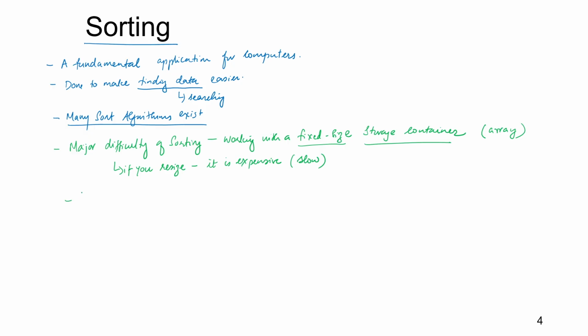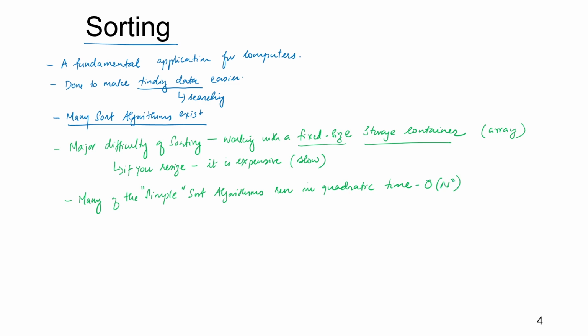Now, many of the simple sort algorithms run in quadratic time. Quadratic time means order of n square.